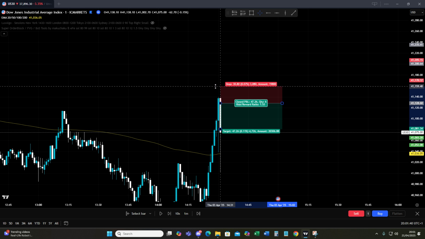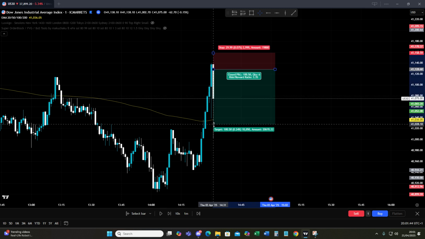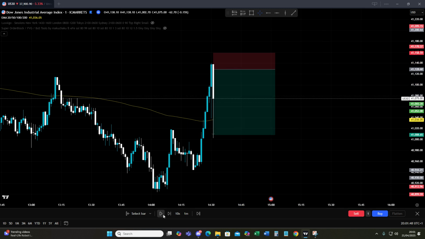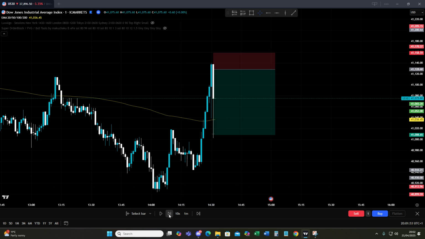30 pip stop loss as always, and to be super safe, you go for a 1 to 4, which, well, there you go, less than 1 minute. But obviously, depending on your entry, you may not have got that, and actually look, you may have got stopped out.